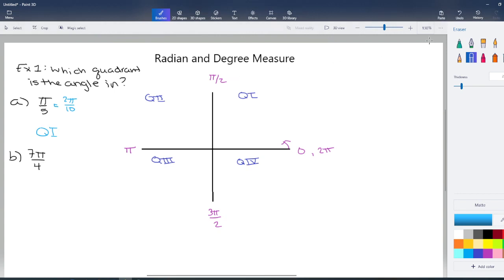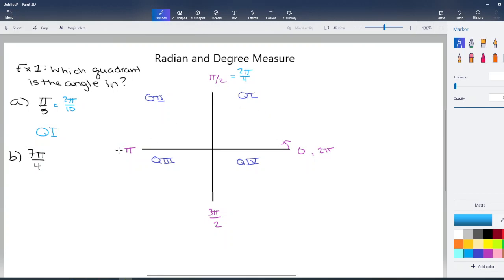So if we have 2 and 4, that means that our common denominator is going to be 4. So we're looking at this as 2 pi over 4. Now the angle that we're interested in, 7 pi over 4, that's going to be bigger than 2 pi over 4, so that we know it goes past this 90-degree point.